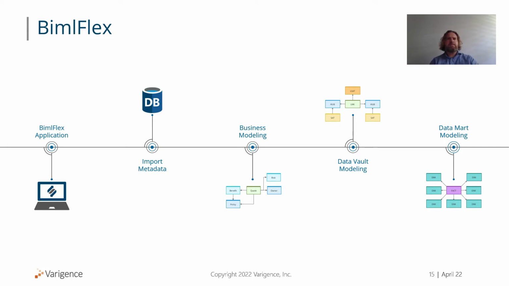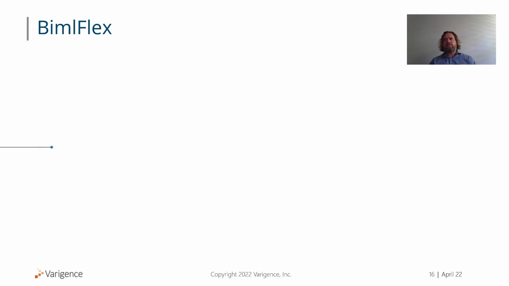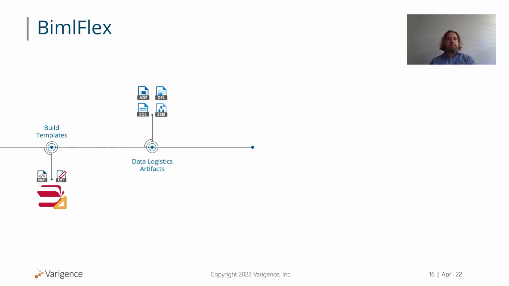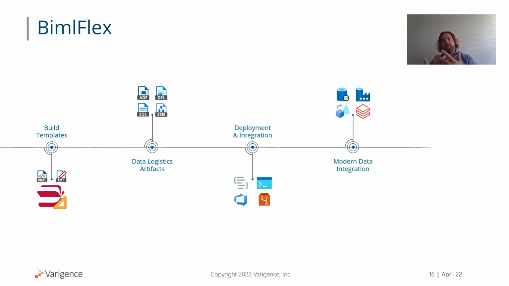Once the information is available, this goes into our development environment where we can put additional logic and overrides and extensions. We will compile that and deliver the data integration artifacts in native format.